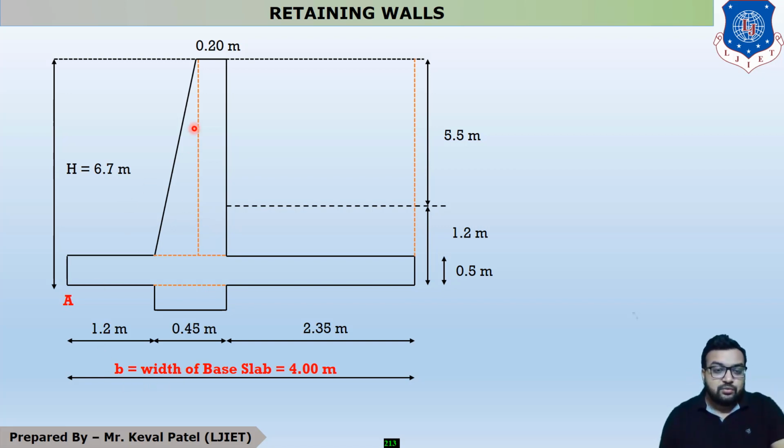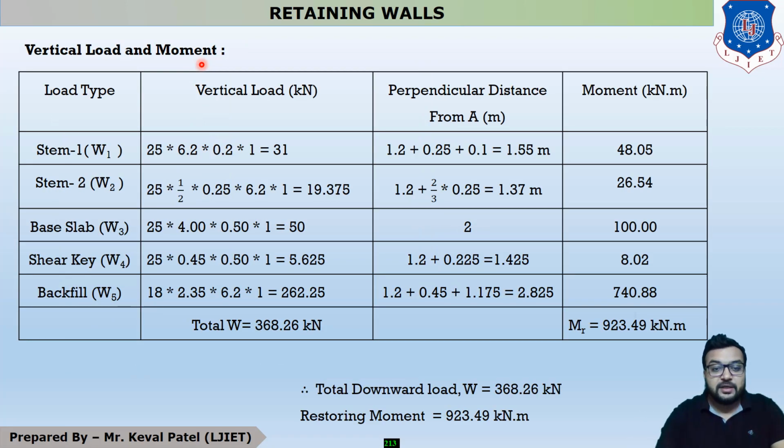Now, the second term is stem 2. What is the area of stem 2? The area of the triangle is 1 half base altitude. So, 1 half base is 0.25 and altitude is 6.2. Now, which material is provided? The material is concrete, so it is 25 into 1. So, our answer is 19.375 kilonewton.